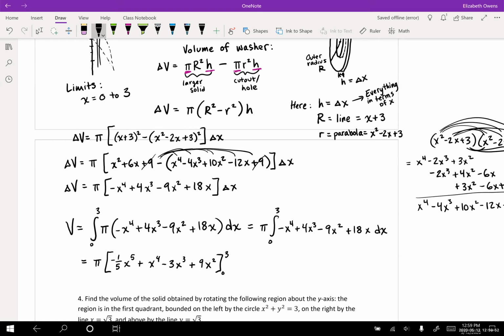Then you would plug in your limits and do some arithmetic, algebra, work with the fractions. Plugging in 0 wouldn't be too bad, but plugging in 3, you'd have to do a little nonsense with 3 to the 5th and stuff like that. So I'll trust that you guys can arithmetic. The answer you'll end up getting is 162 pi over 5 once you get everything with a common denominator. It's really just fraction work.